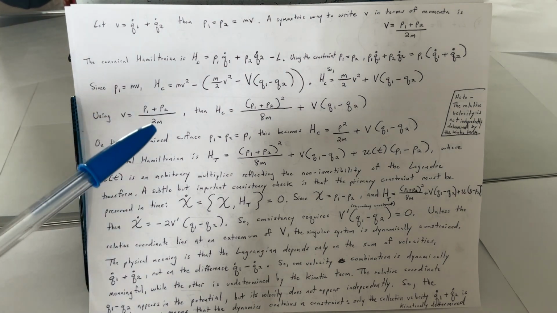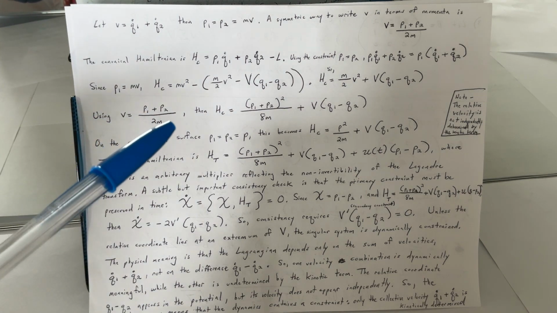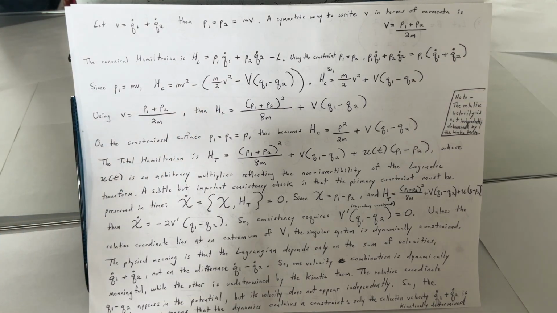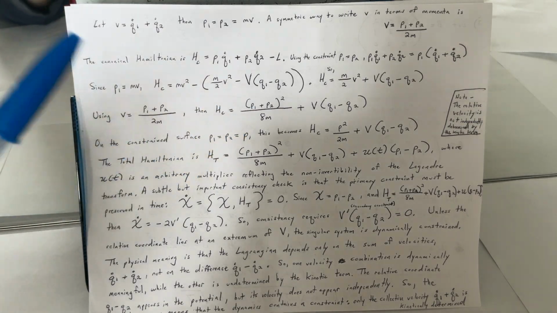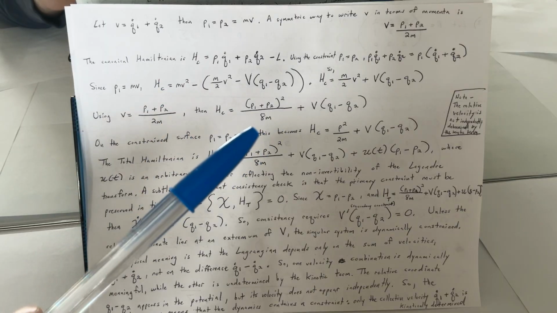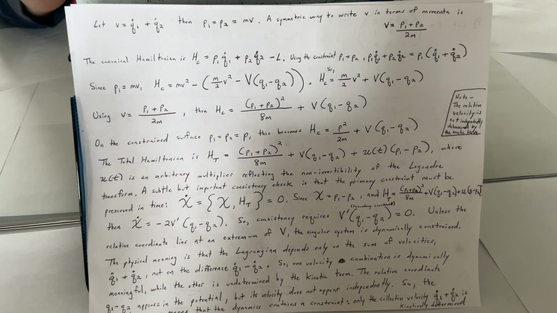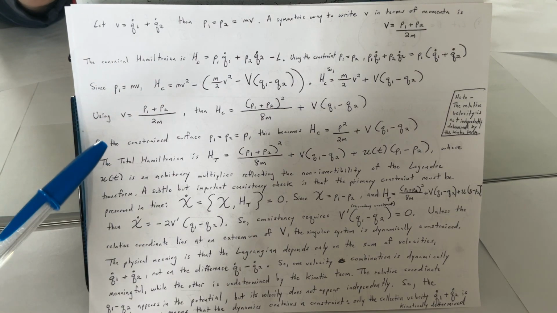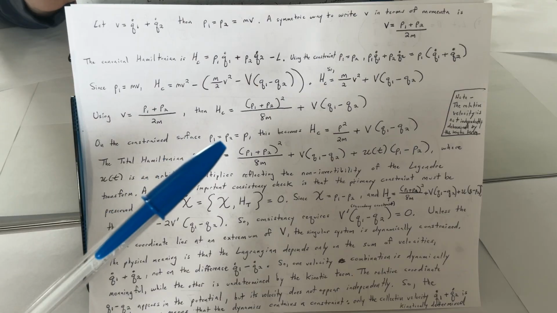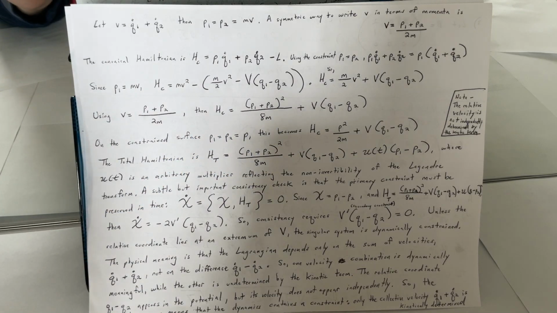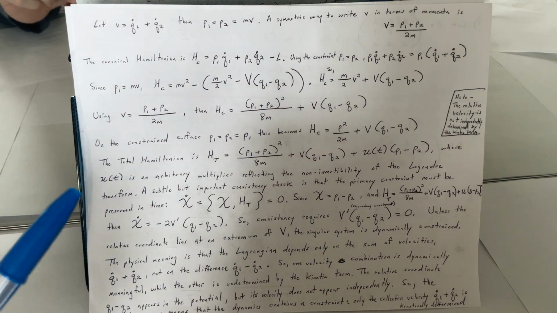So using v equals p1 plus p2 over 2m, then we could say H_c equals the quantity p1 plus p2 squared over 8m plus V times the quantity q1 minus q2. So on the constrained surface, p1 equals p2 equals p. This becomes H_c equals p squared over 2m plus V times the quantity q1 minus q2.